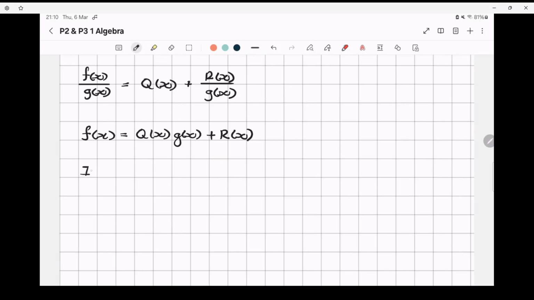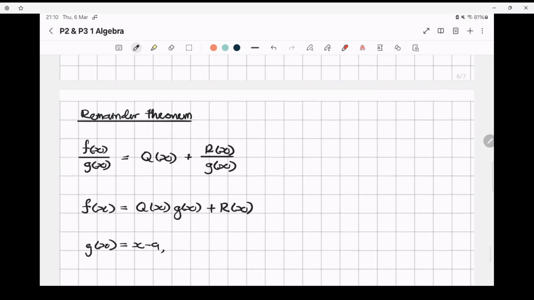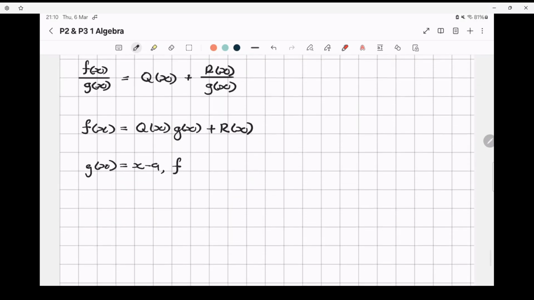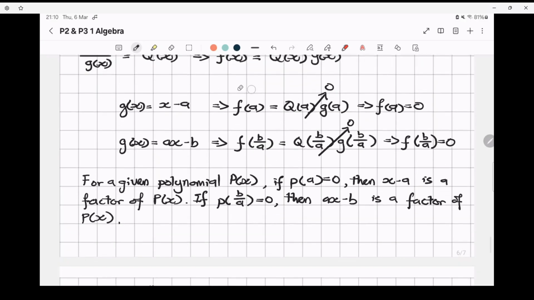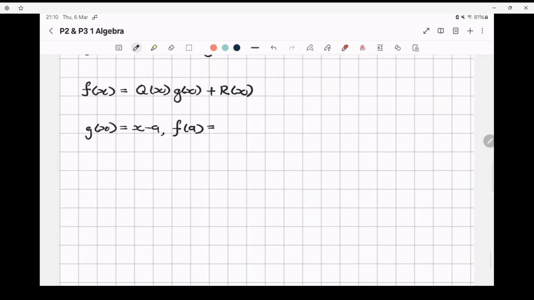So if your g(x) is of this form, then you notice that when you substitute x equals a inside, the one that multiplies with g(x) becomes 0. So you are left with your remainder.